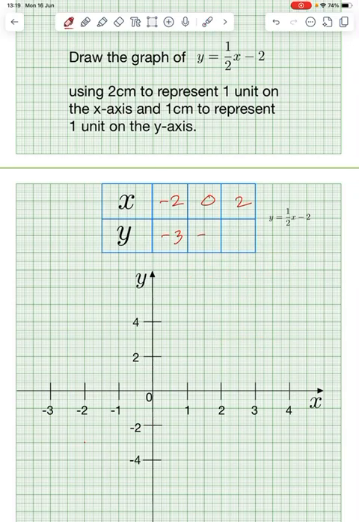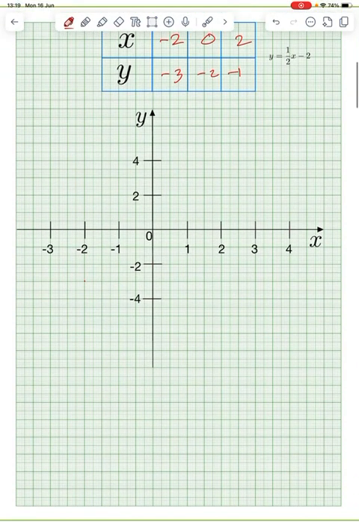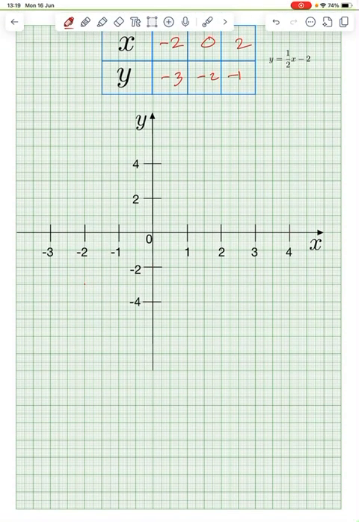Done deal. When it is a positive 2, y equal to half x, x is 2, minus 2, so 2 and 2 cancel off, so you have 1 minus 2, so you have negative 1. So get your points, get the coordinates.